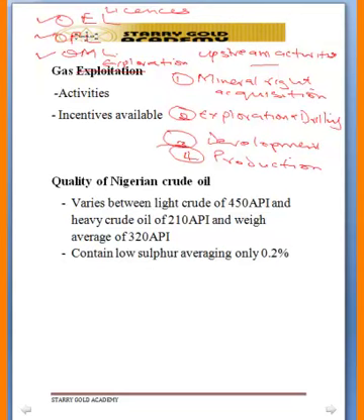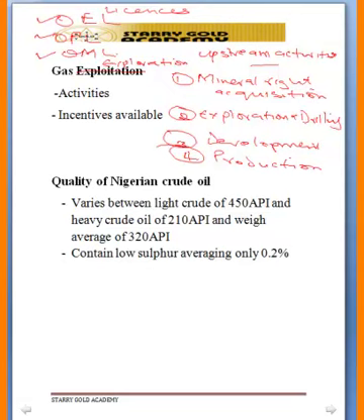The incentives available to companies in the gas industry depend on the activities involved. We have gas exploitation, we have gas utilization, and then we have the gas development project. That will determine the incentive that is granted at each level.